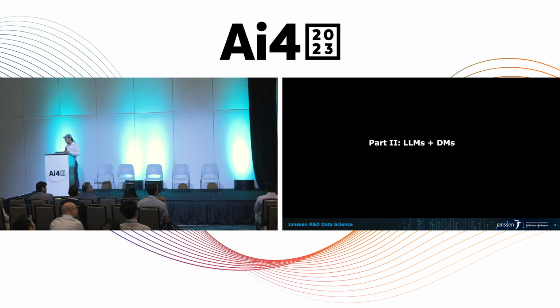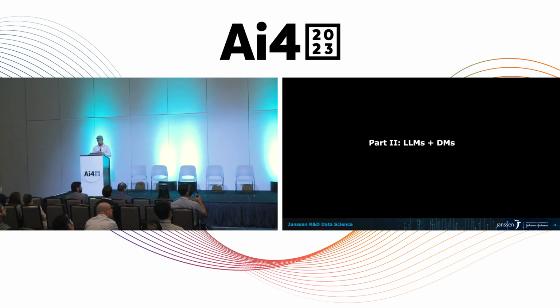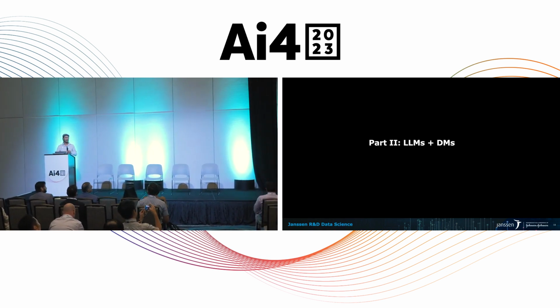So this is quite promising, and in the next, I believe, 8 minutes or so that I have left, I'll talk about the second part that's really exciting to us, which is a combination of those diffusion models with the large language models.